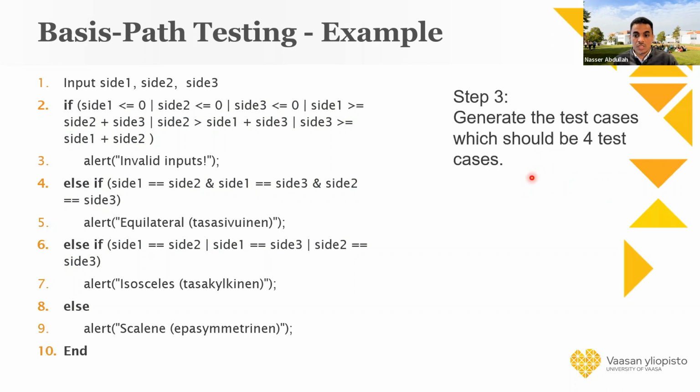Now we have to generate 4 test cases which cover all the branches in this code. Based on our rules, the minimum number of test cases should be 4, covering all of these.